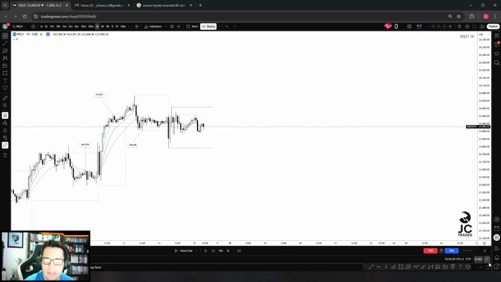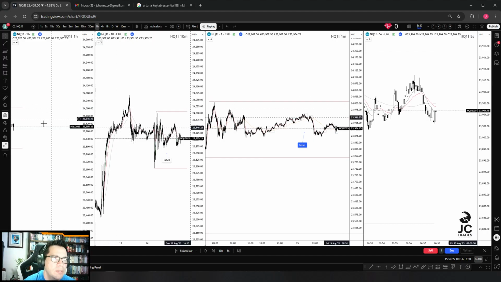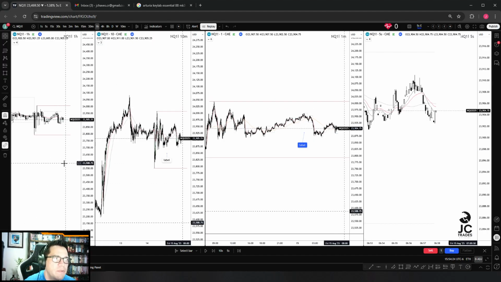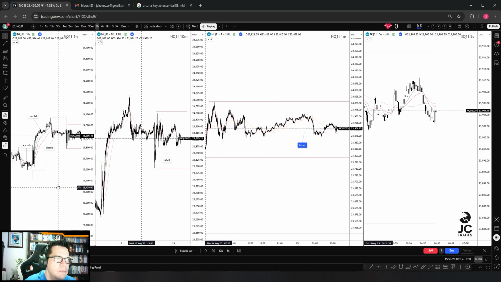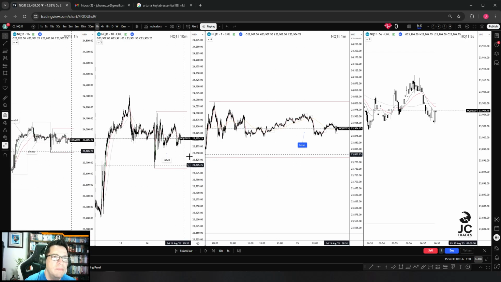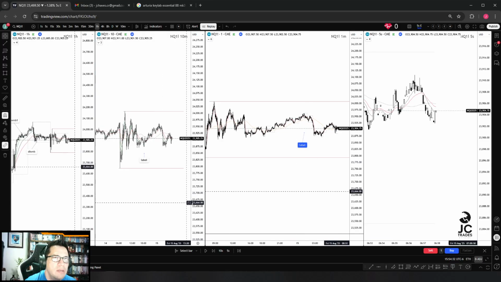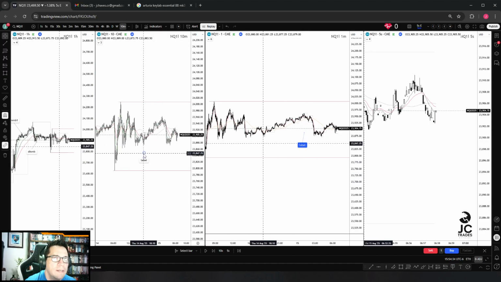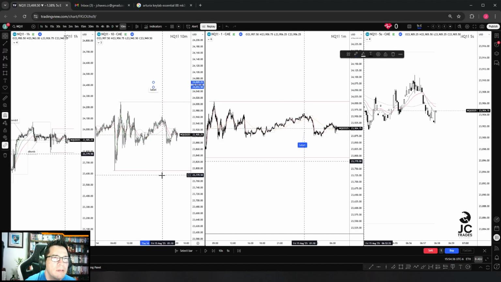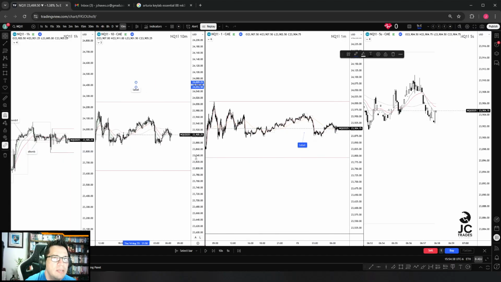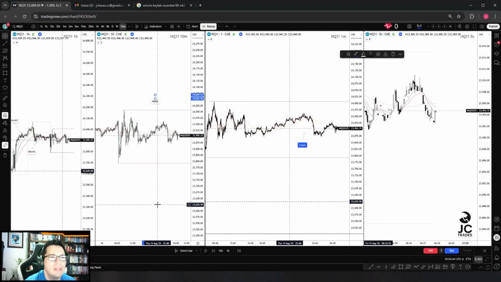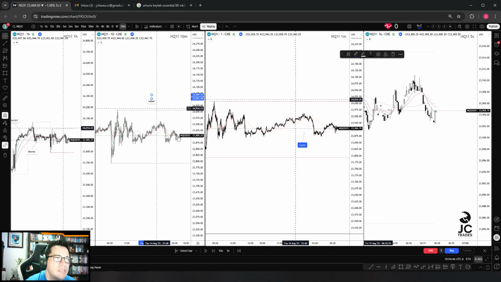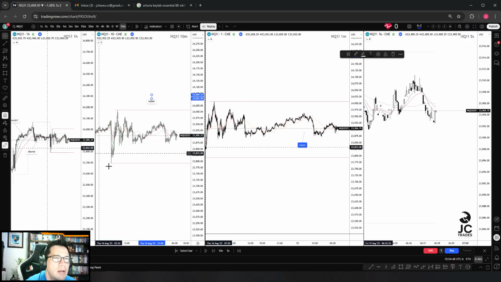Now let's go and see all the other time frames that we use. So this is basically the hourly, our C2 time frame. And if we take a look here on our context time frame, which is basically the 10-minute, this is basically the range again that we have, coming from the hourly.